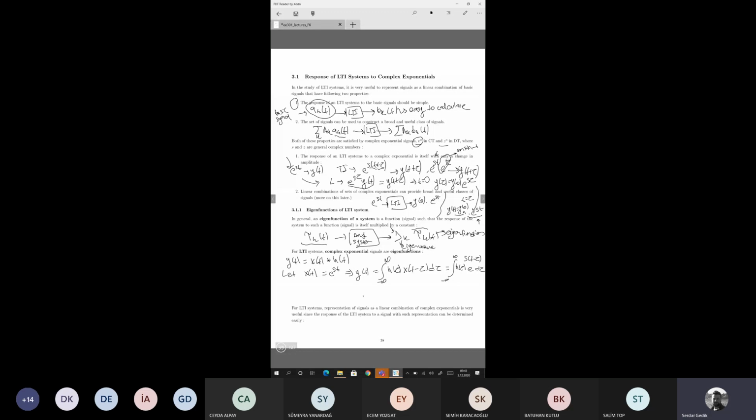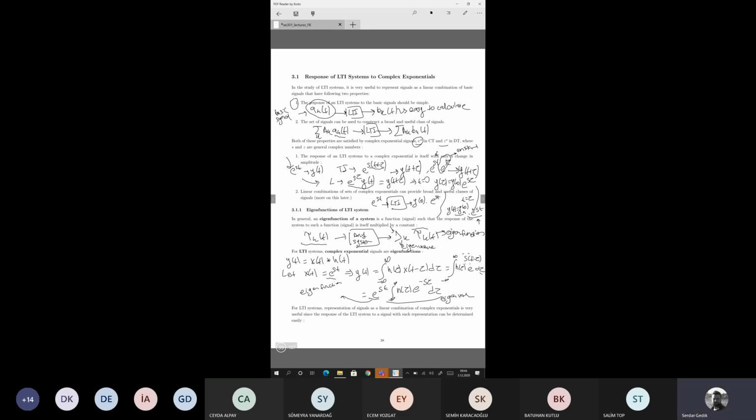This integration is with respect to tau, so e to the power st is constant with respect to tau, and I can take it out: e to the power st times the integral from minus infinity to plus infinity of h of tau e to the power minus s tau d tau. So if you have e to the power st at the input, at the output you have e to the power st times something. The something is the eigenvalue, and this e to the power st is the eigenfunction.